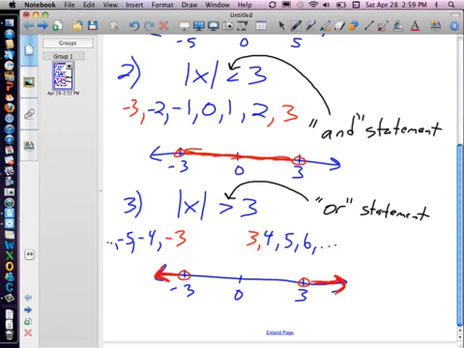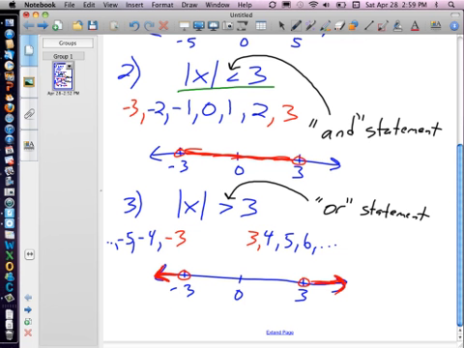For those of you who like to memorize things, you can go ahead and memorize that. For those of you who like to figure things out and just understand them, which I would recommend, if you don't memorize this, you can figure it out just the way I have here. Just start with something simple. Absolute value of x is less than some number, and then think logically about what x could be.